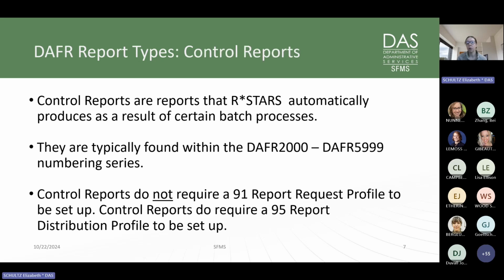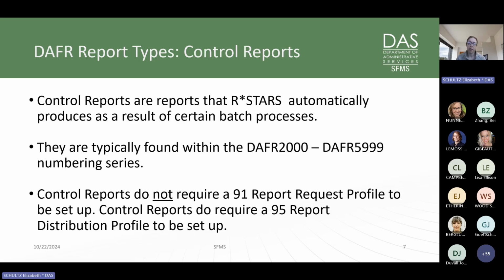So control reports are reports that the system is producing automatically as a result of a certain batch process. So we have control reports that will generate every night after a batch cycle runs. We have certain control reports that will generate after we run a specific system job, if we're doing the general ledger closing, those types of things. So with control reports, you don't have to specifically order them.